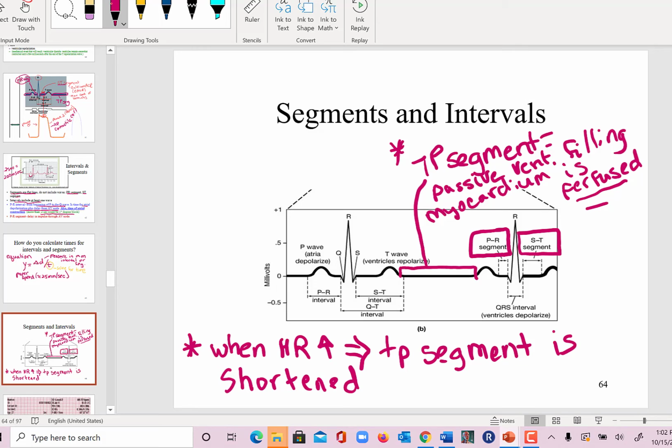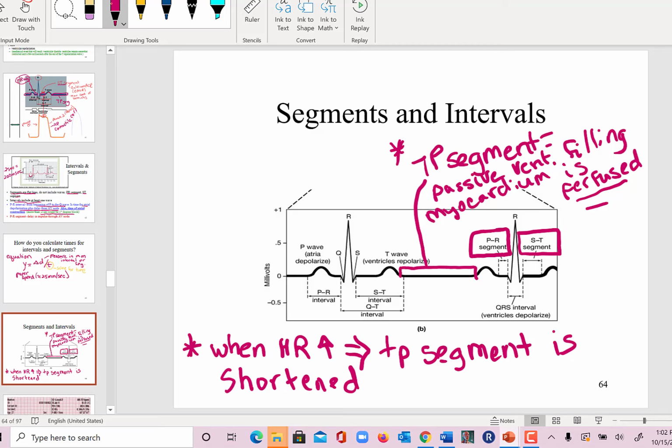Is the irony lost on you? When your heart rate goes up, your heart is working harder. Arguably, a tissue that is working harder should have more blood flow, not less. And during the TP segment, that is the only time when blood can get through the coronary arteries.